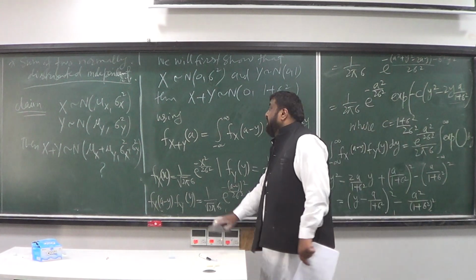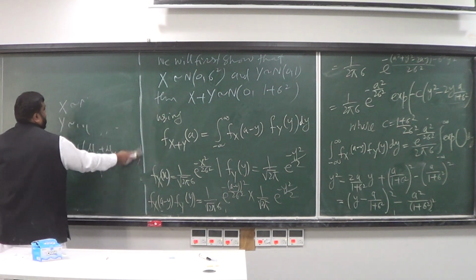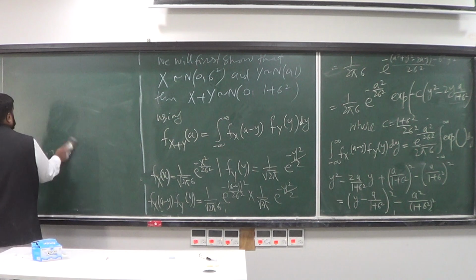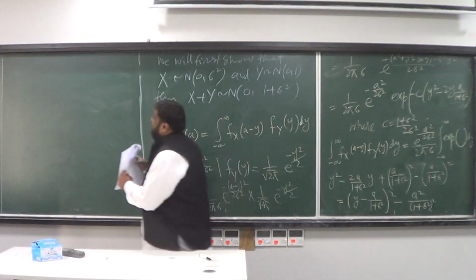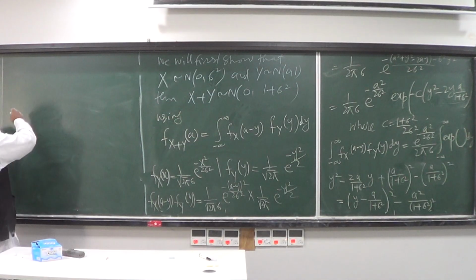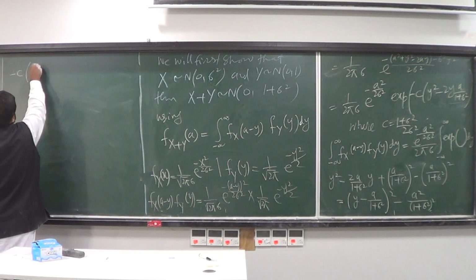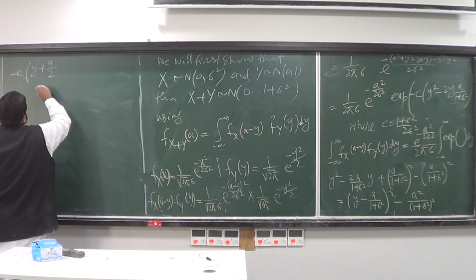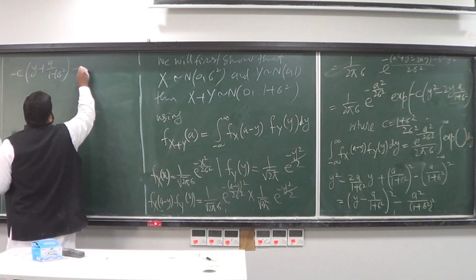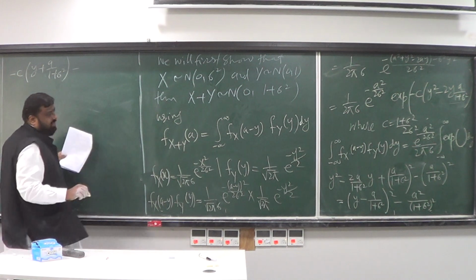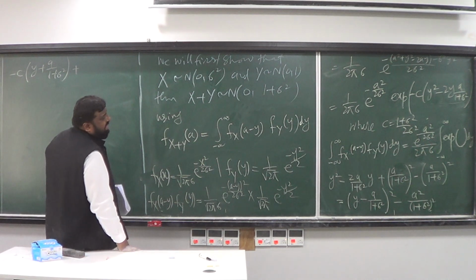Multiplying the minus c, you're going to get minus c times y minus a over 1 plus sigma square, squared, and then minus c times minus a square over 1 plus sigma square squared, which is going to be plus c times a square over 1 plus sigma square squared.